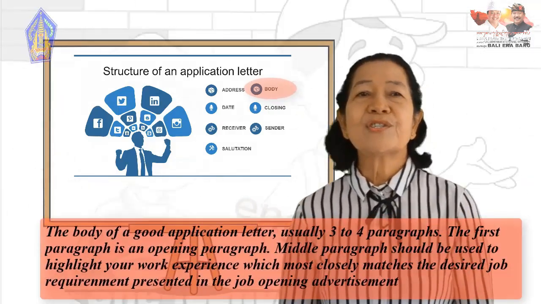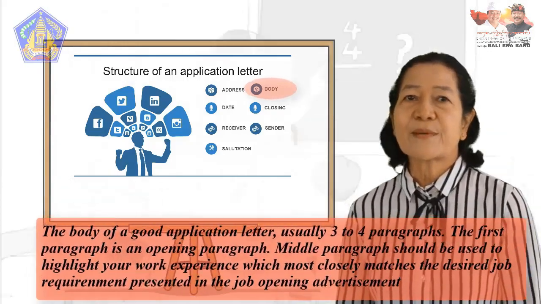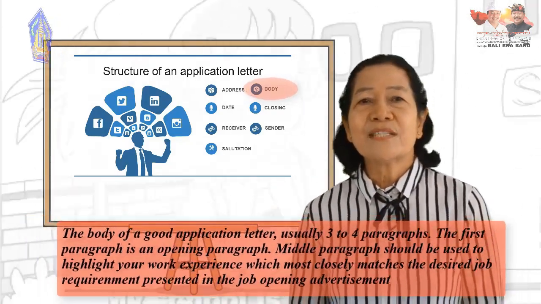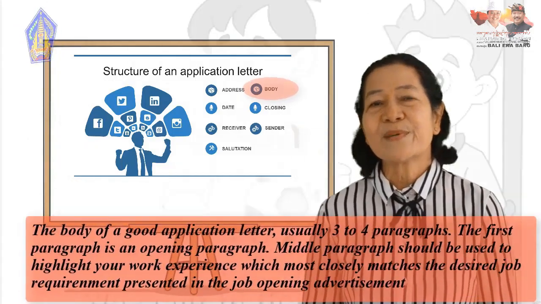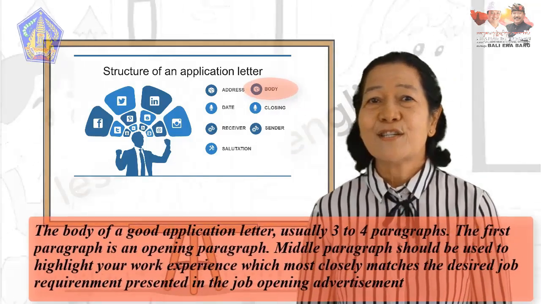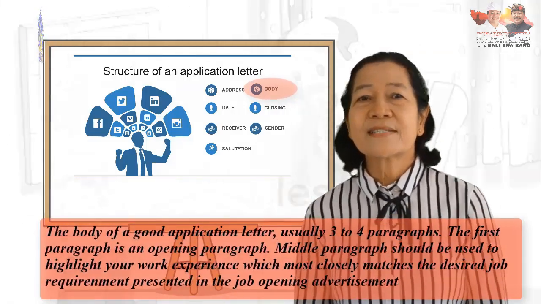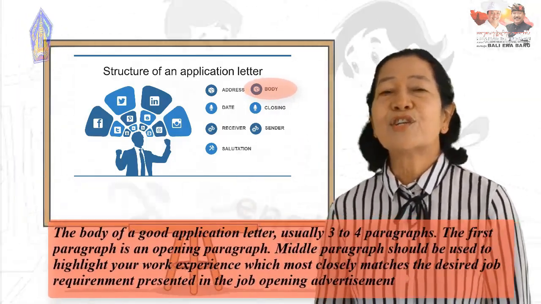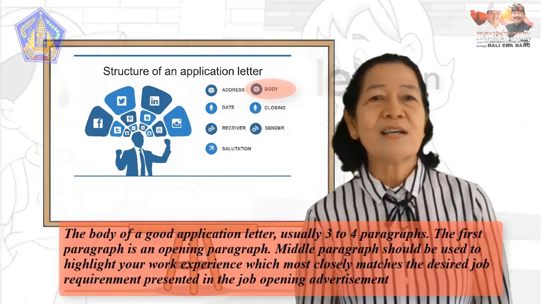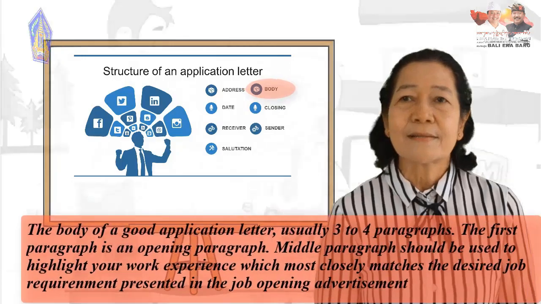The next paragraph should be used to highlight your work experience which most closely matches the job requirement presented in the job opening advertisement. Do not simply restate what is contained in your resume, but give strong reasons why you are suited to the position.